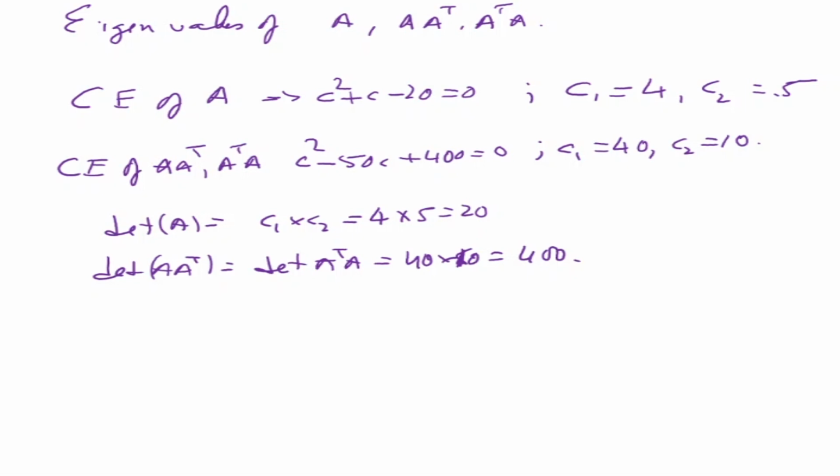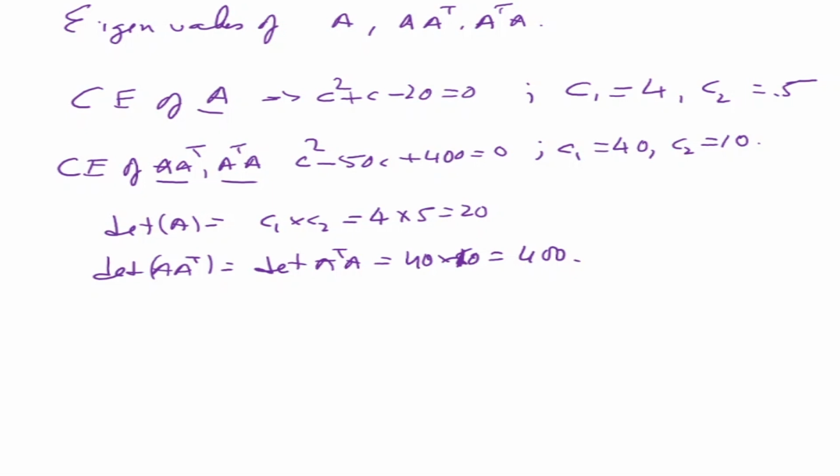So this gives us the characteristic equation for the eigenvalues of the matrices A and A transpose A. Now I want to find the eigenvectors.